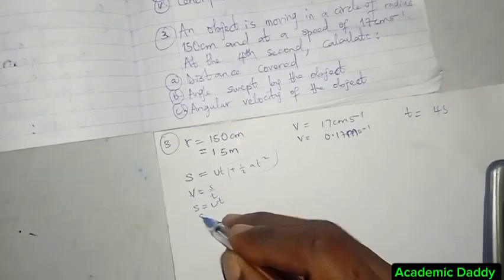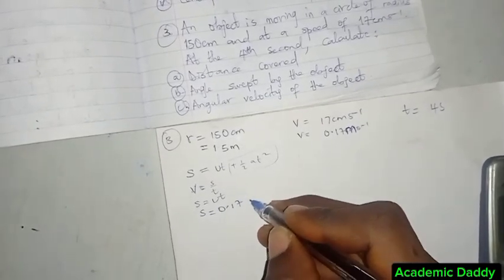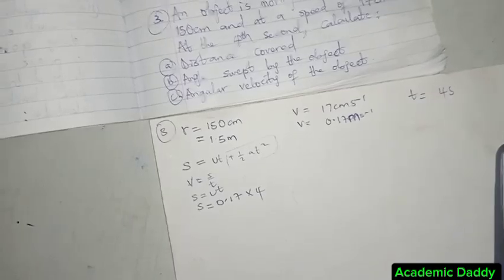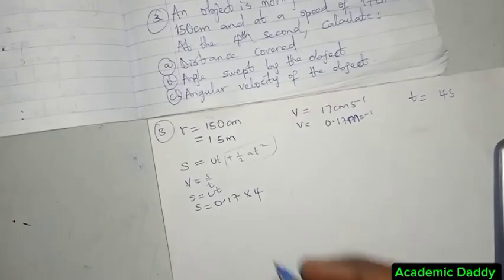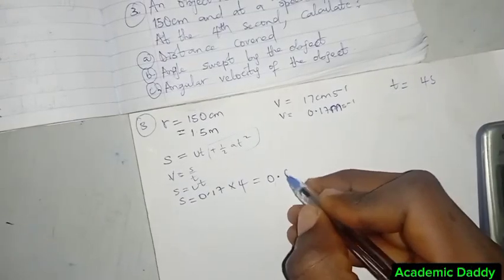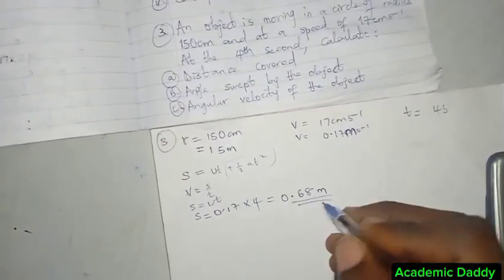So I can just say s equals 0.17 times 4, which is 0.68 meter. That's my distance.